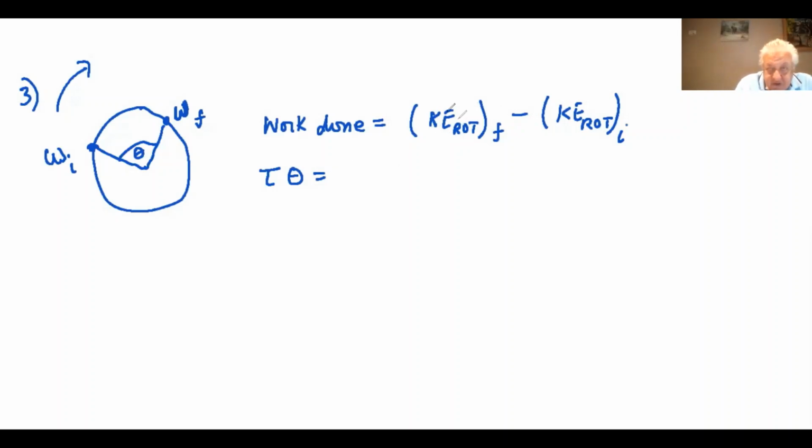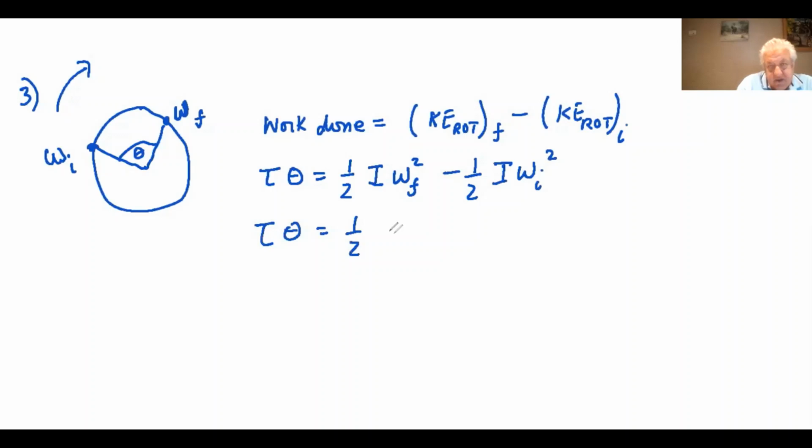My formula for rotational kinetic energy is a half I omega f squared minus a half I omega I squared. I can take out half I as a factor.